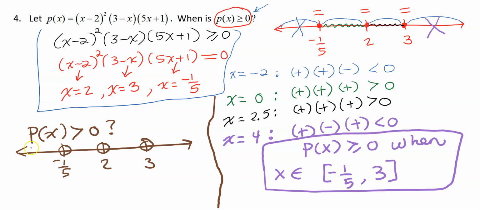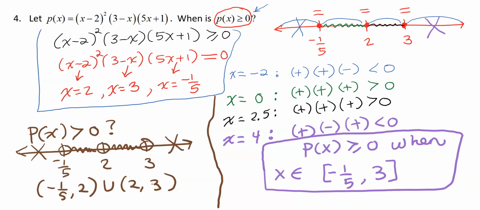You already saw that the first interval is less than 0, so that's not going to work. The second interval is greater than 0, so that's okay. The third interval is greater than 0, so that's okay. But the last interval is less than 0, and that's not okay. So the solution does not include these endpoints, and you will have a break in your interval. Your answer is going to be negative 1/5 to 2, union 2 to 3, with parentheses.